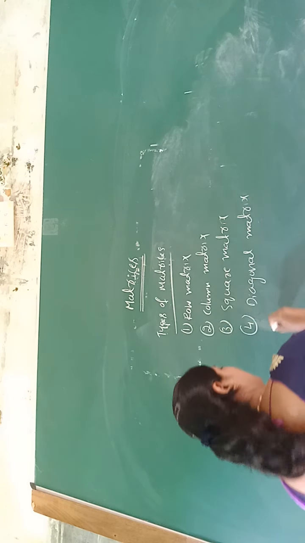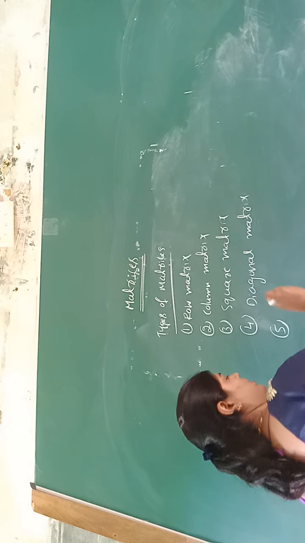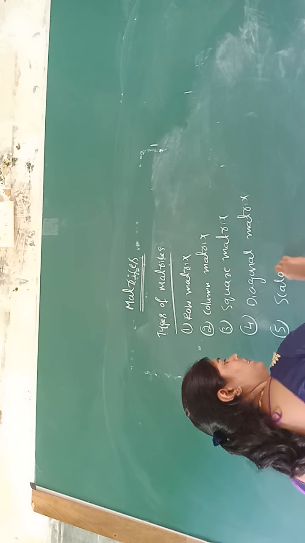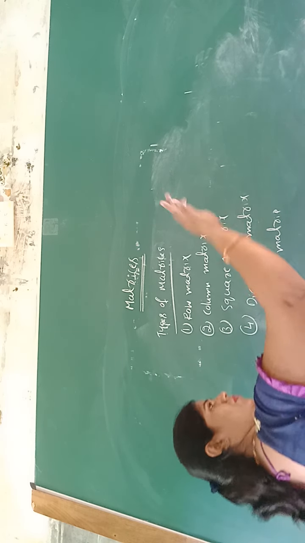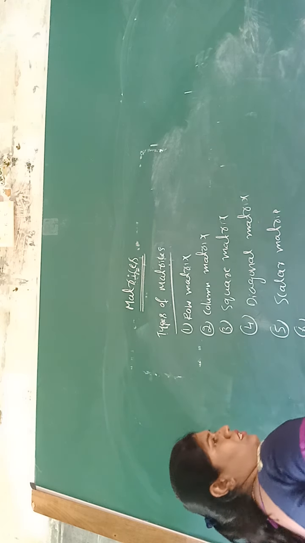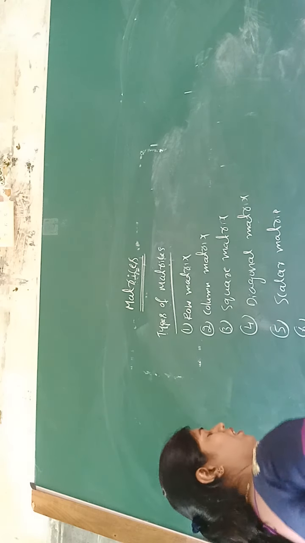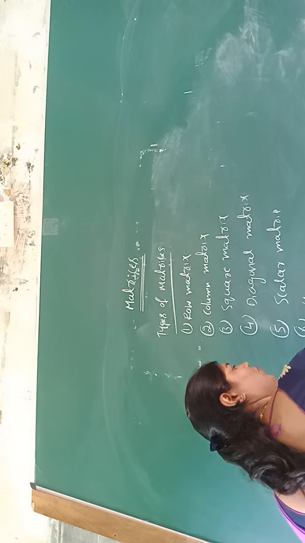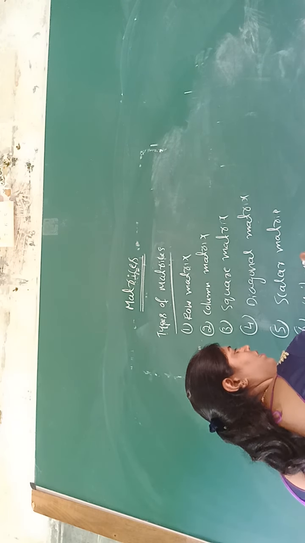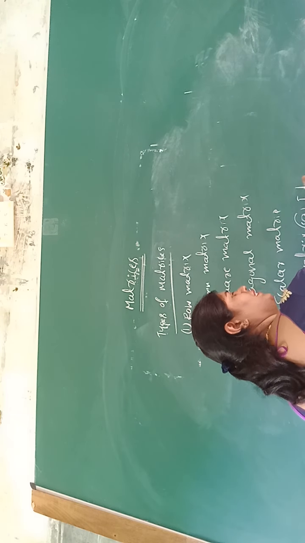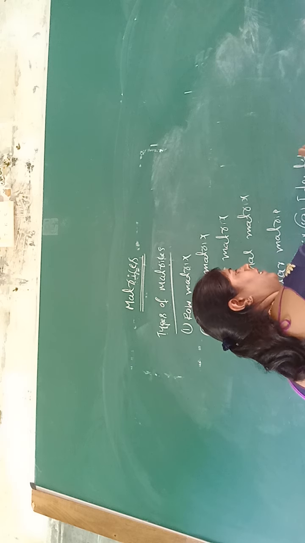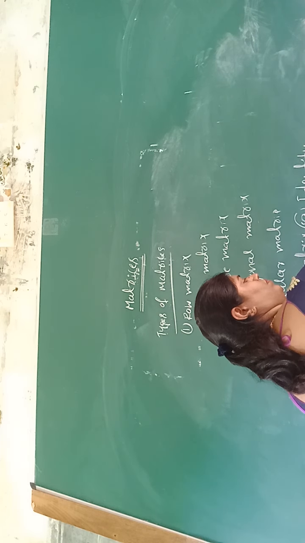Fourth one is diagonal matrix. Fifth one is scalar matrix. Sixth one is unit matrix, or identity matrix.